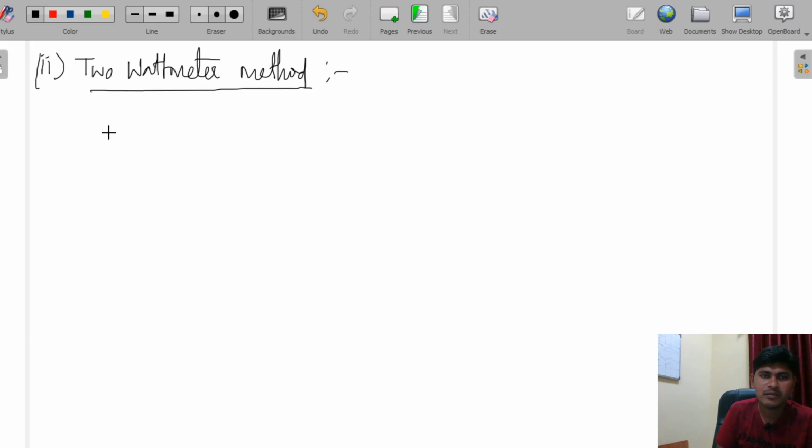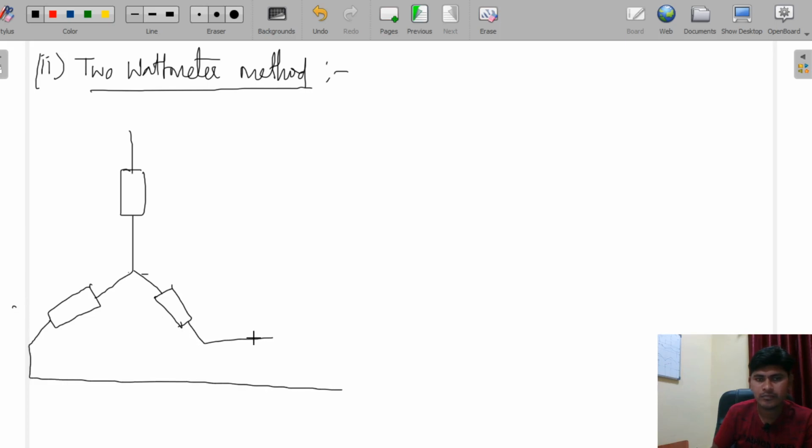Okay, 2 wattmeter method means we use 2 wattmeters. First, let me draw the 3-phase load, Z1, Z2 and Z3.